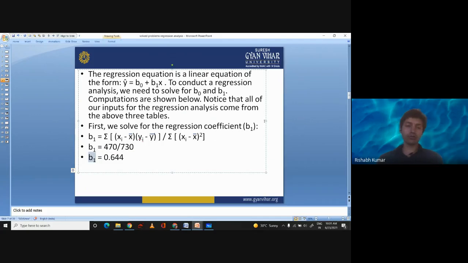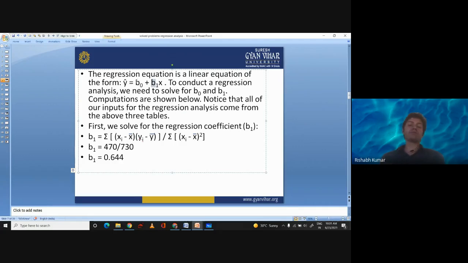So we now know b1, the slope. In place of x and y, we will substitute x bar and y bar. And what are x bar and y bar? These are the mean values. So we put the mean values, y bar here, x bar here, and we get the value of b1 here.